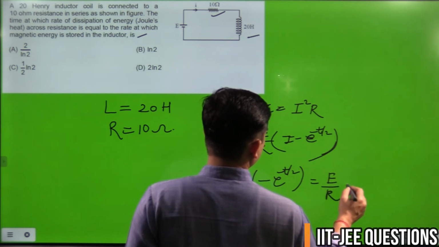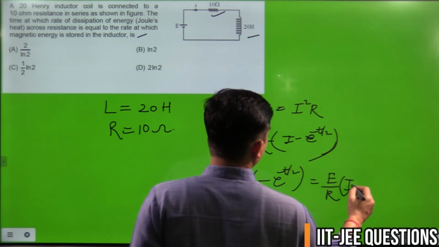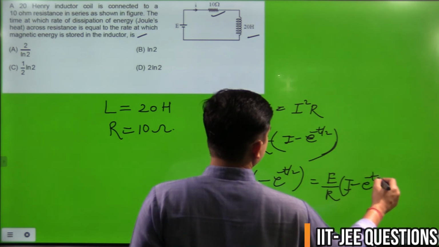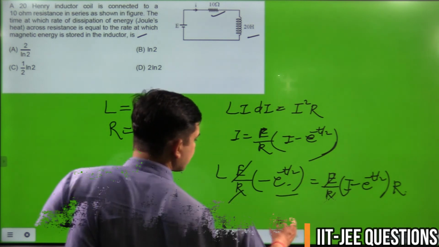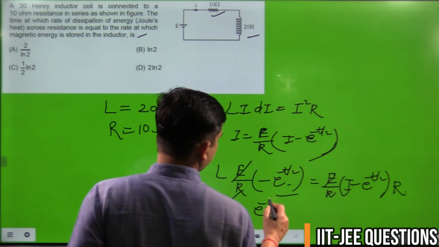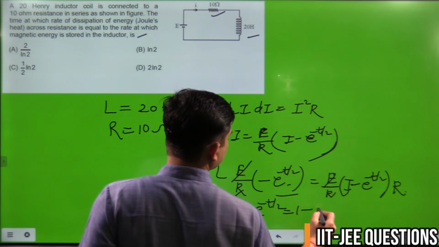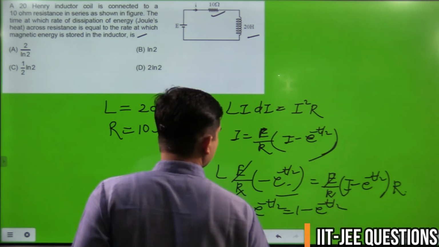E by R into 1 minus e to the power minus t by 2, similar quantity on LHS and RHS, and finally we get e to the power minus t by 2 equal to 1 minus e to the power minus t by 2.